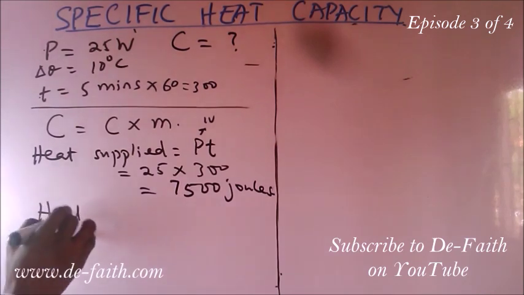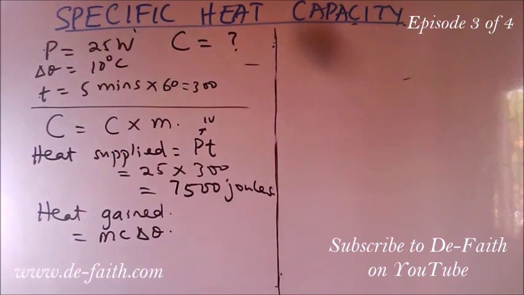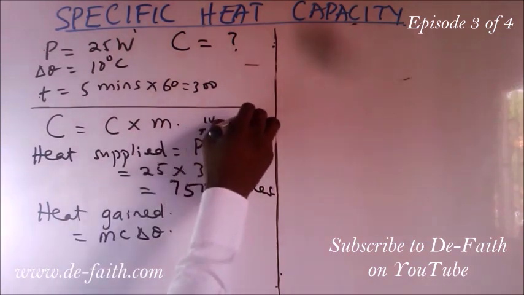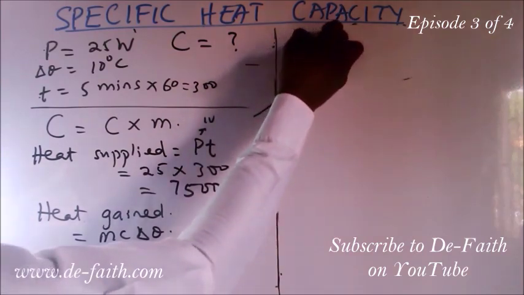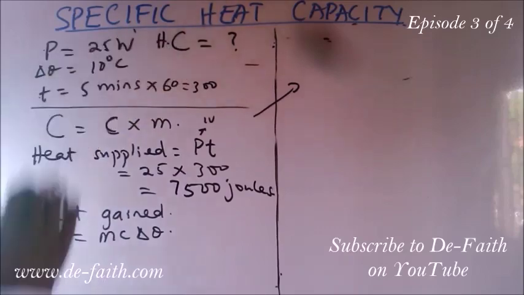Heat gained equals MC change in temperature, where this C is the specific heat capacity, and here we have the mass. Don't forget, what we are looking for is the heat capacity, not the specific heat capacity. So we know that this C here is not what we are looking for. So here is the heat capacity.